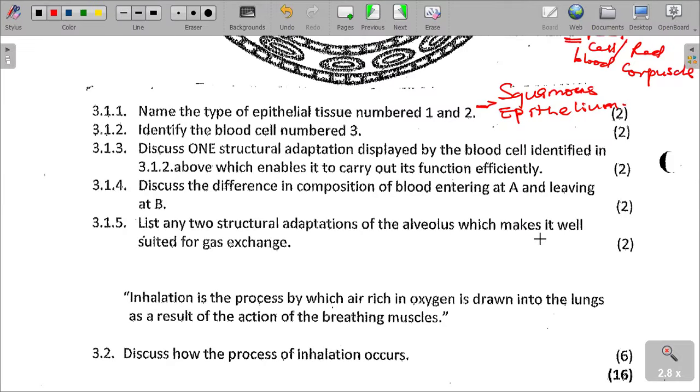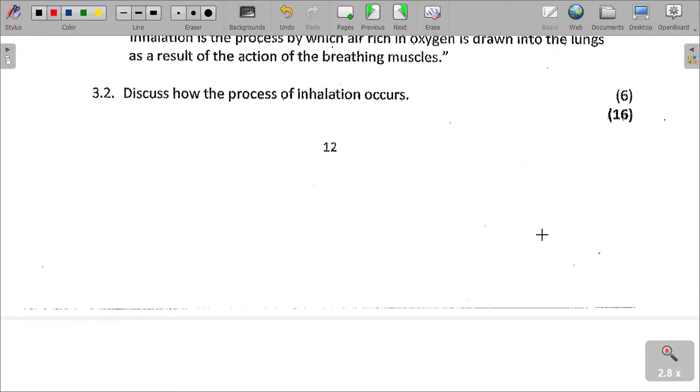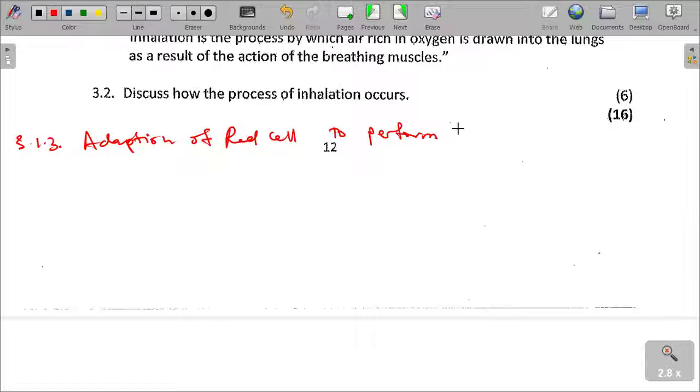Question 3.1.3, adaptation of red blood cell. How is it adapted to perform its function?